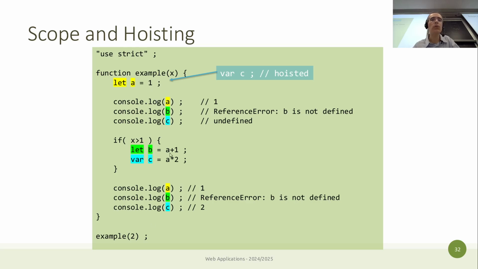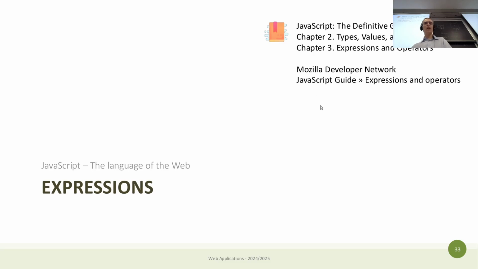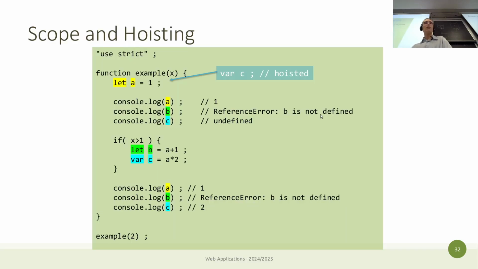It was 2, so we entered, 1 times 2, 2. You can try this code in the Python tutor. I don't want to try everything, otherwise we don't finish. But you can get familiar with these behaviors. So variables, let, const. That's all. Avoid var.